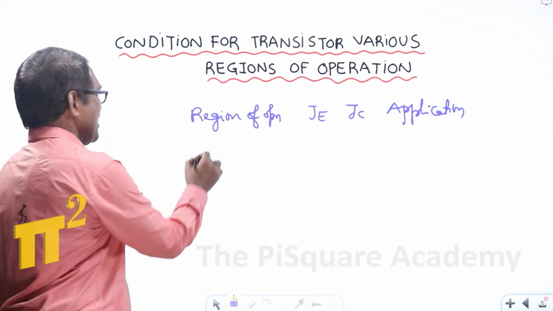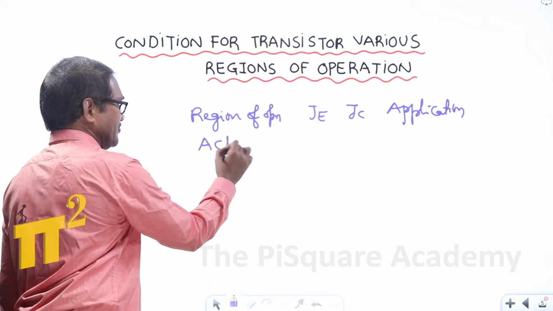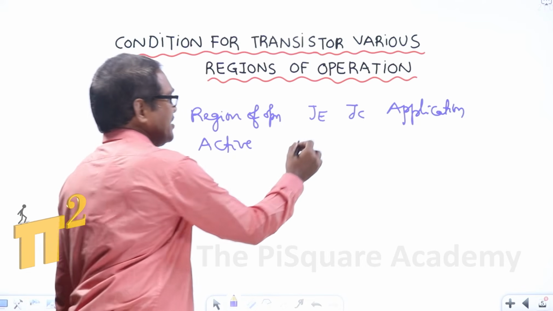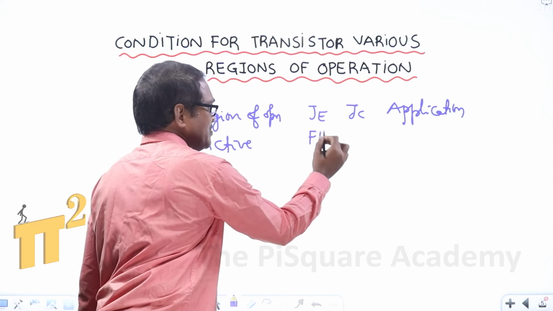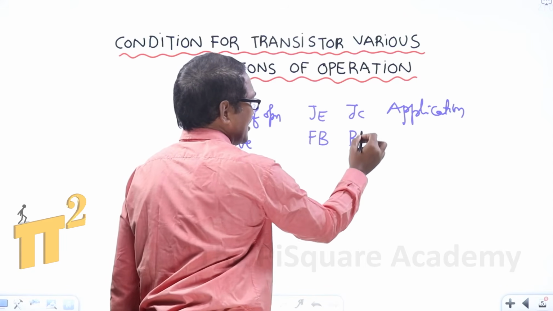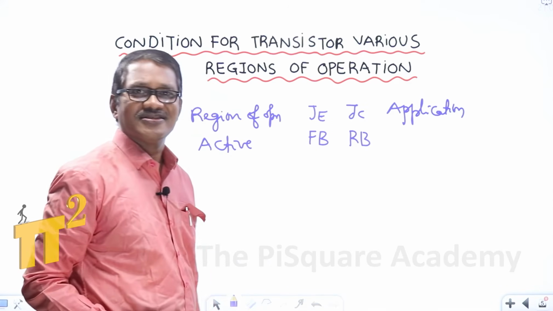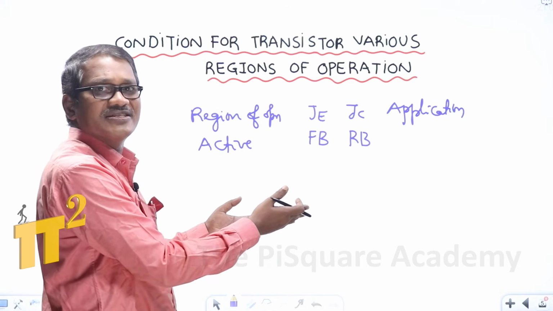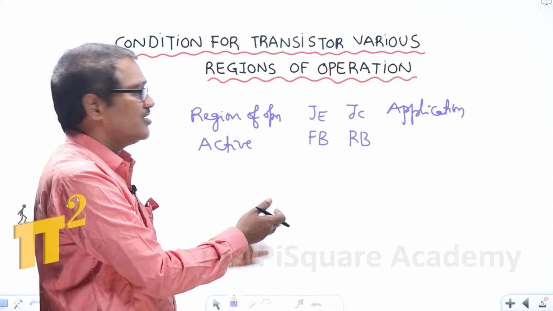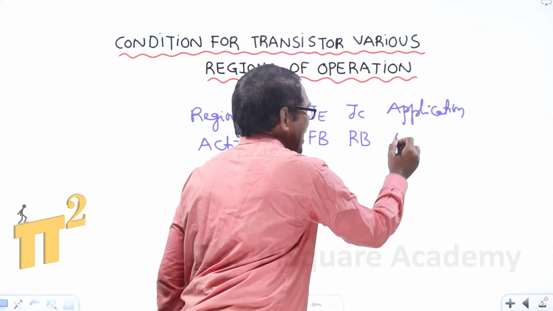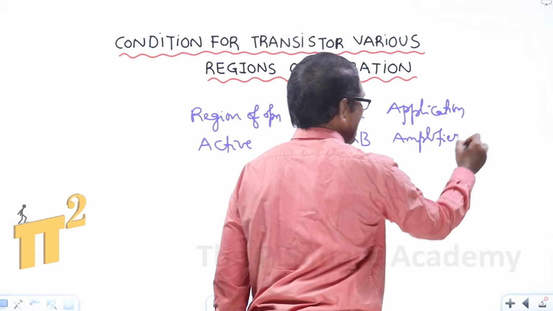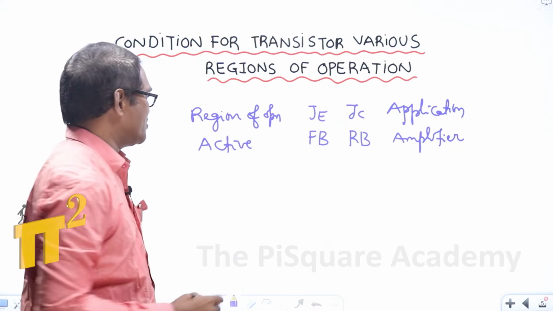The first one is the active region. If the transistor is operated in the active region, then the emitter junction JE must be forward biased and the collector junction JC must be reverse biased. In the active region, which is the linear portion, the transistor acts as an amplifier.